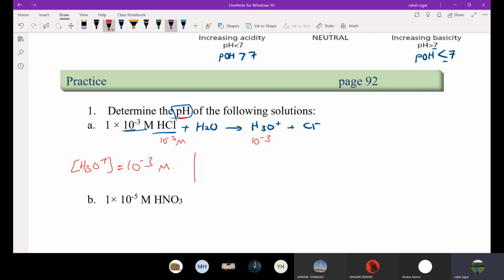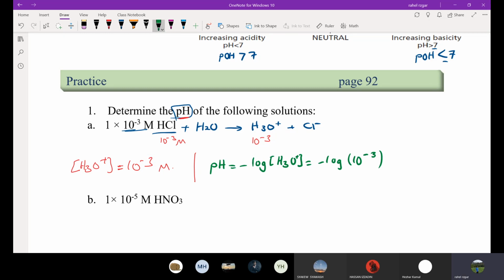Find pH. Okay, pH is equal to minus log of concentration of H3O. The minus log of 10 to the power of minus 3.